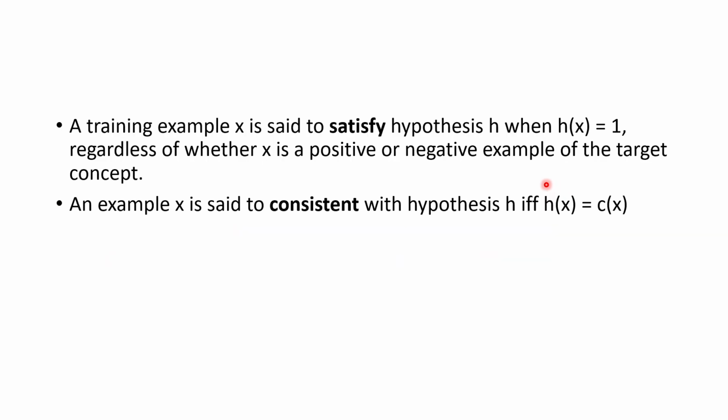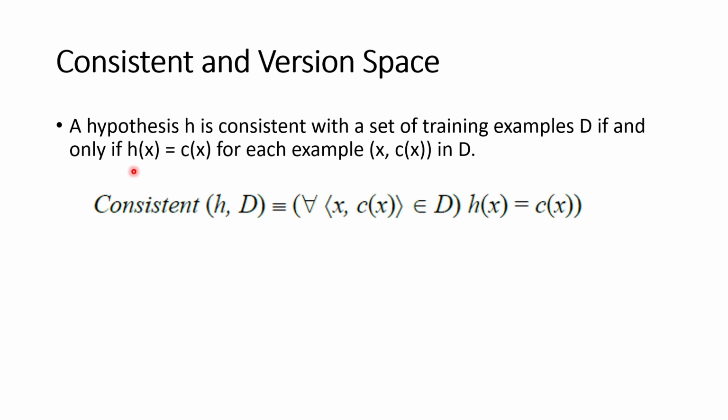Coming back to what is consistent. A hypothesis h is said to be consistent with the set of training examples D if and only if the hypothesis is equal to the concept for all the attributes.